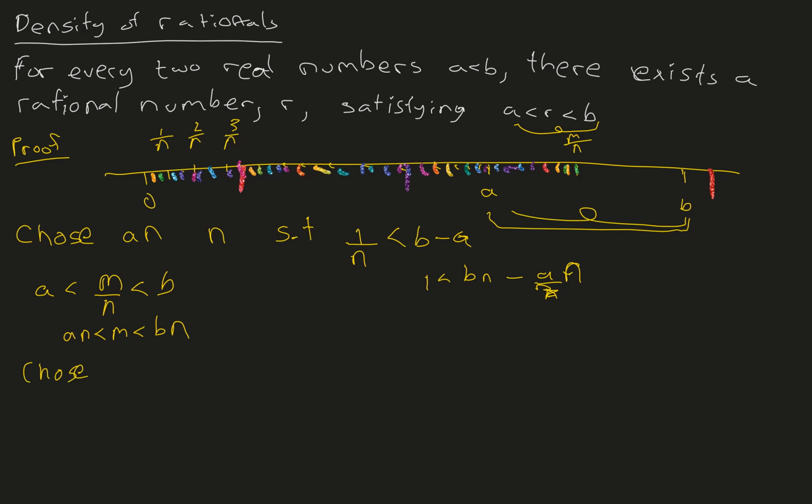We have to show that we can find an m that is greater than an and less than bn. So we're going to choose m to be the smallest integer greater than an.